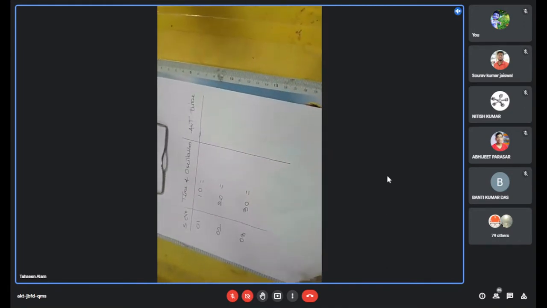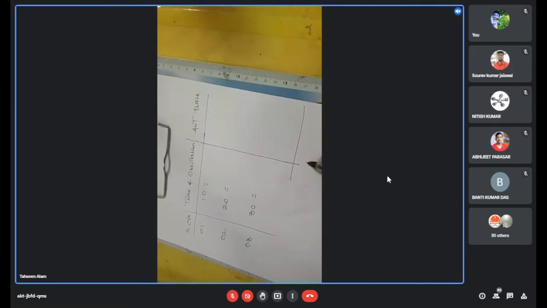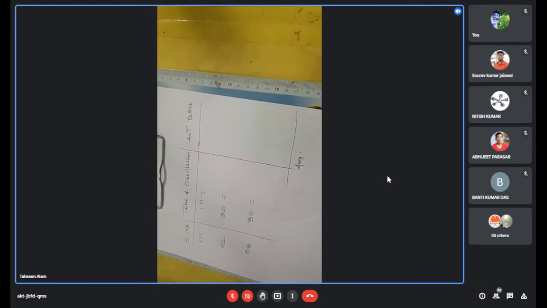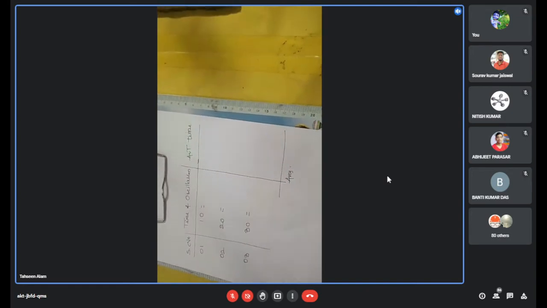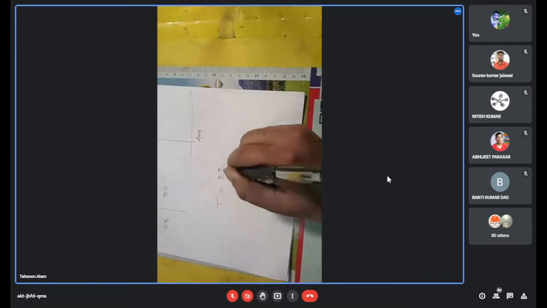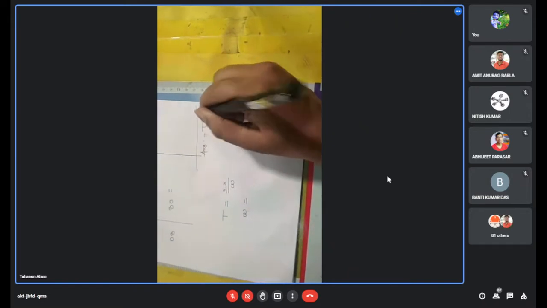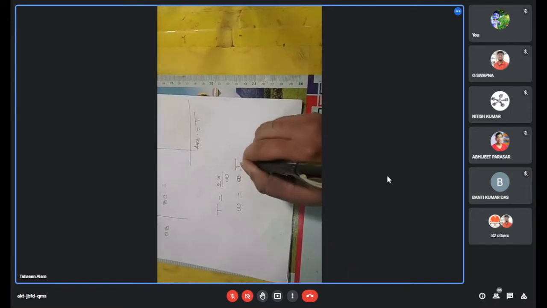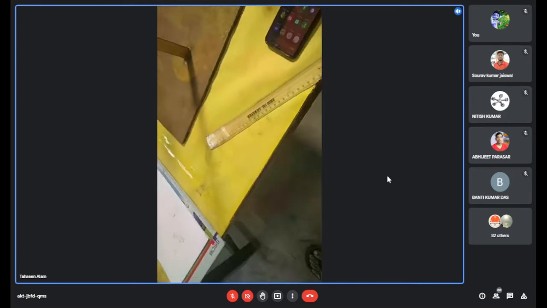Then we will take the average time of each oscillation, and the total average, and from that we will get the time period, and from that we will calculate the natural frequency. And the formula is this.